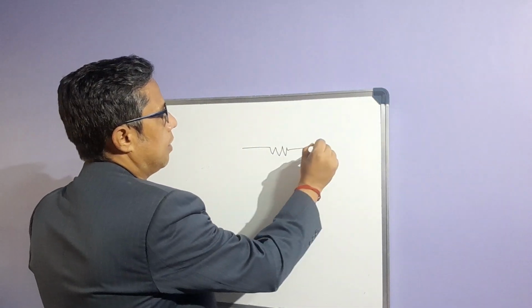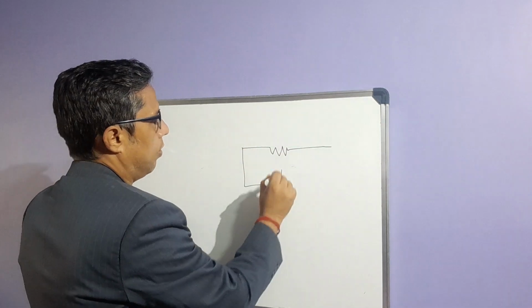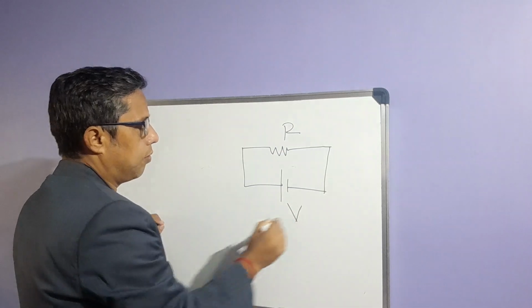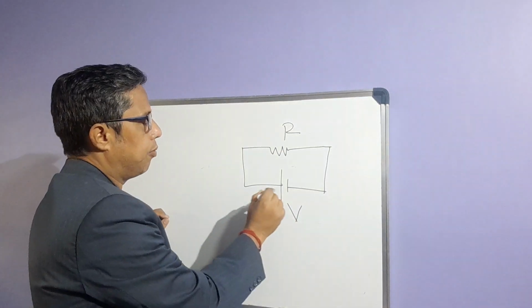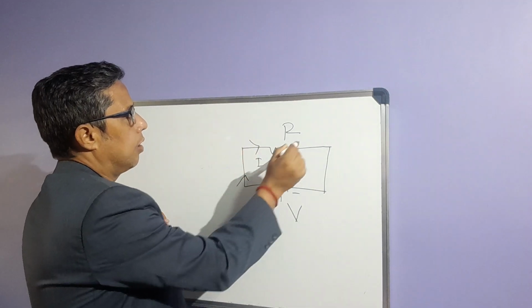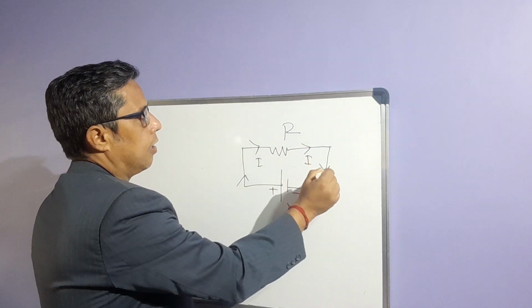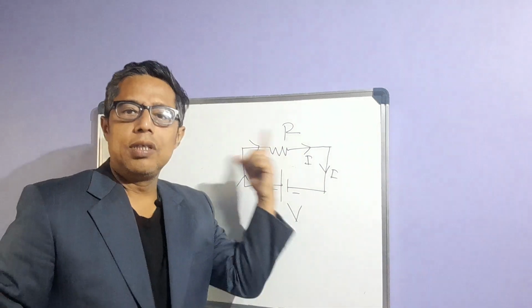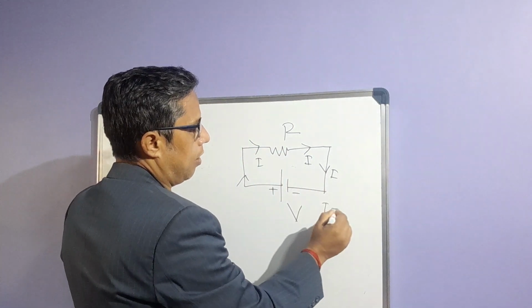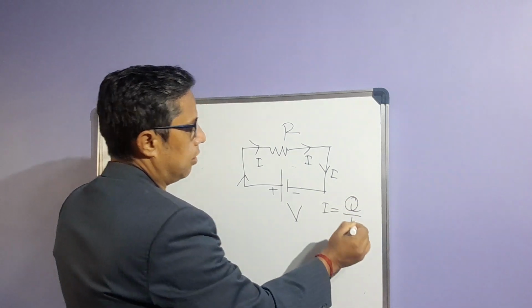So this is a basic circuit we have. Okay, this is the resistance, this is the voltage source, right? Here we are seeing the positive terminal, negative terminal, currents are flowing. The symbol of current is I. Current I is flowing from positive terminal to negative terminal. Now in class 9 you have learned what is current. Current means rate of flow of charge.